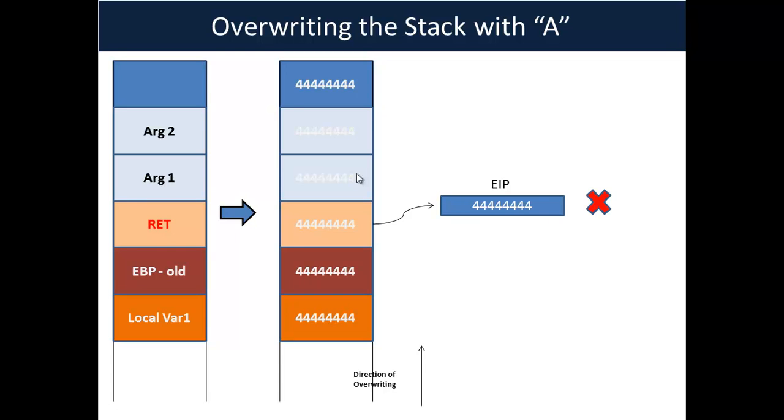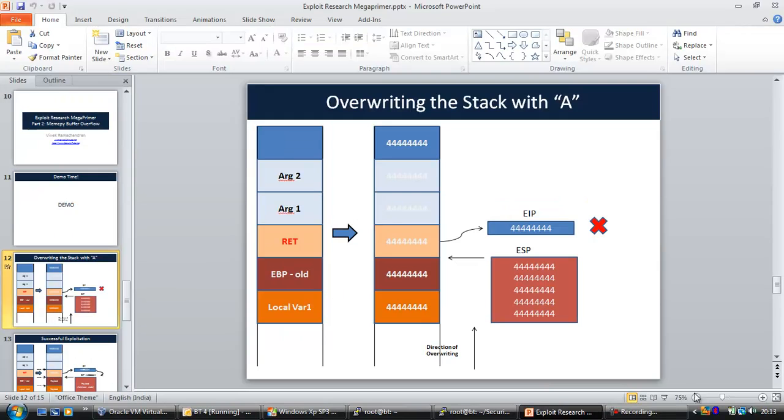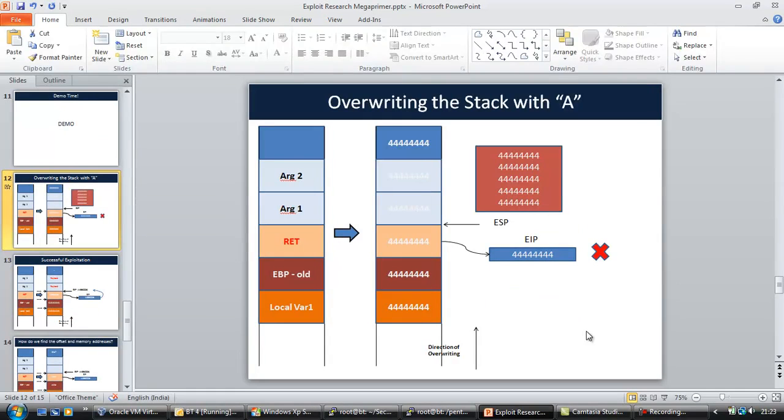Also importantly, as we found, ESP is pointing to a section which also contains a lot of the A characters, which we have currently sent. So this is where we are currently. Now what you noticed is we've overwritten the entire stack. So let's look at how we can analyze this better.